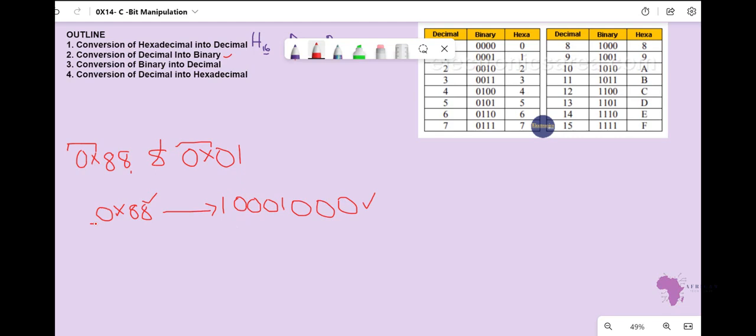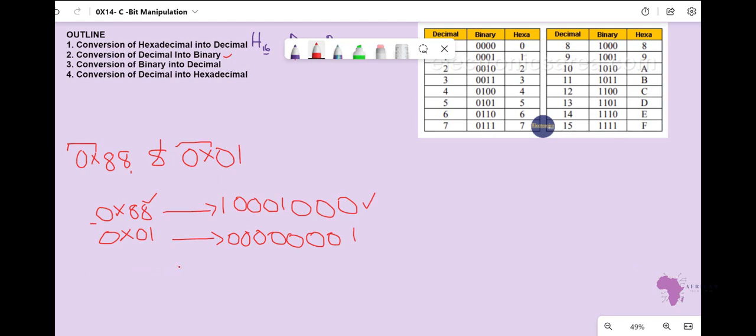Now we get the binary of this other one, which is 0x01, which in this case is like saying 1. It's like saying 0 0 0 0 0 0 0 1. So that will be our binary for this one.